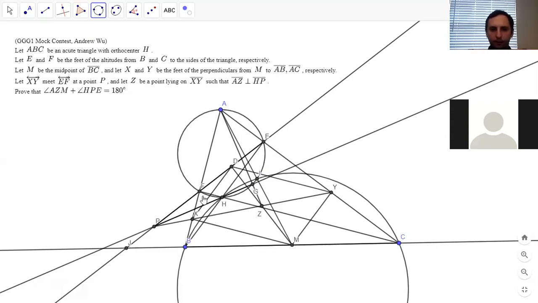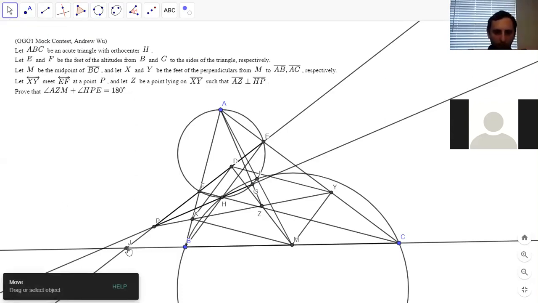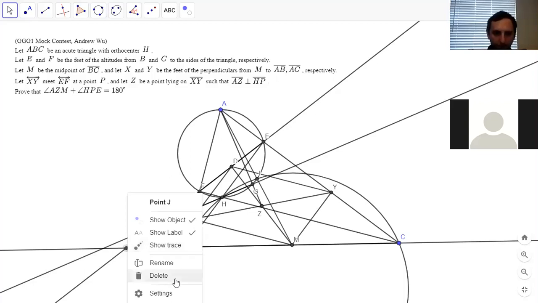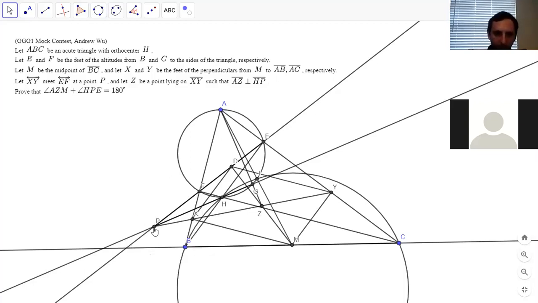Then we want to show EF, GH, and XY are concurrent. I like that approach better. So let's even delete point P for now, or hide it.